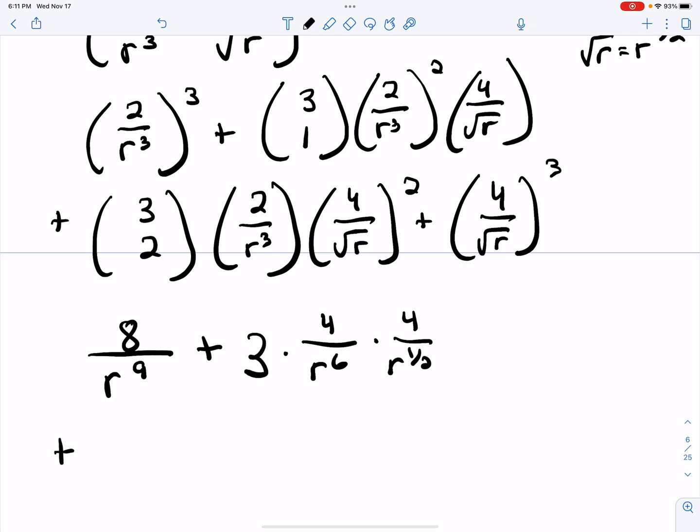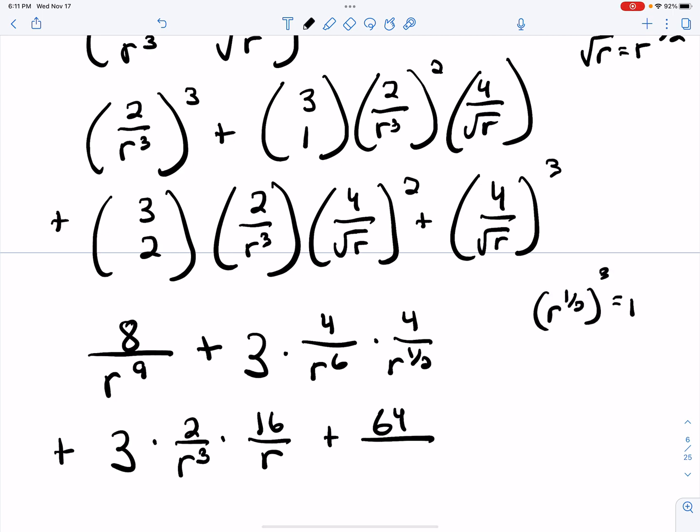Plus, and then it has to be symmetric, so this 3 choose 2 must also be 3. Yep. 2 over r cubed times 16 over r, because square root of r squared is just r, plus 64 over, well, r to the 1/2 cubed is going to be r to the 3/2. So there's that.